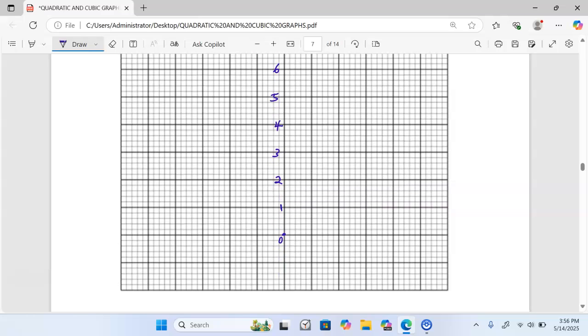From there again going down we are going to have negative 1, negative 2. Then on the x-axis we are going to use 1 centimeter to represent 1 unit.